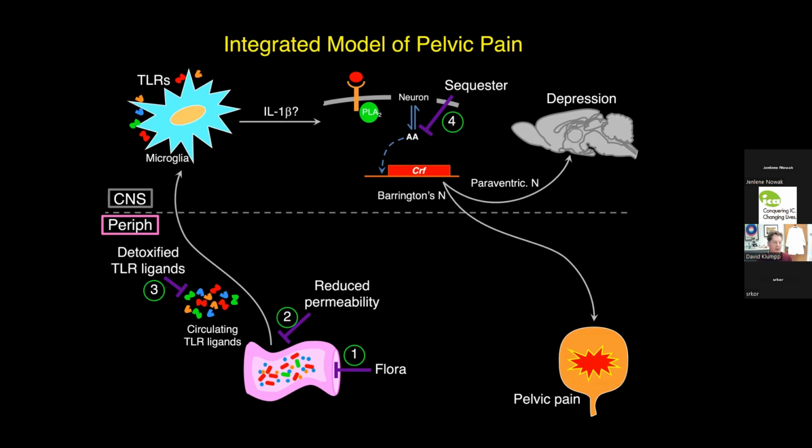And so what we did was we took our first 10 patients or so in each cohort, in healthy controls versus IC patients, and we compared the vaginal microbiota with the fecal microbiota and their symptom scores.